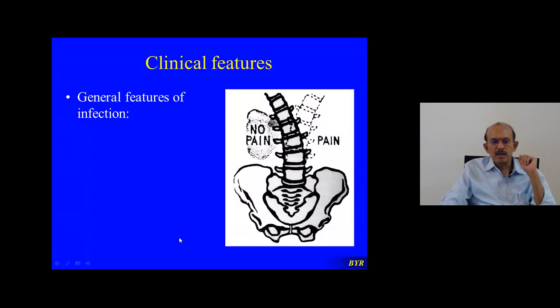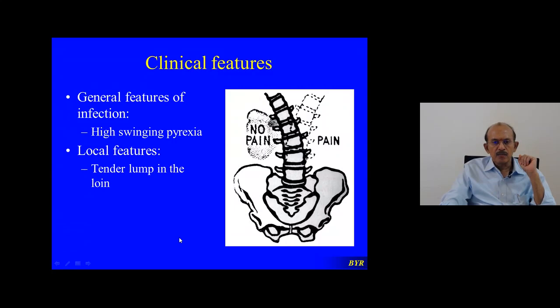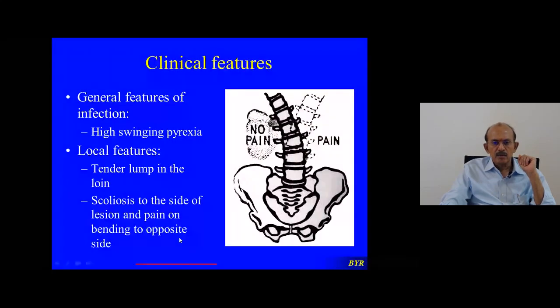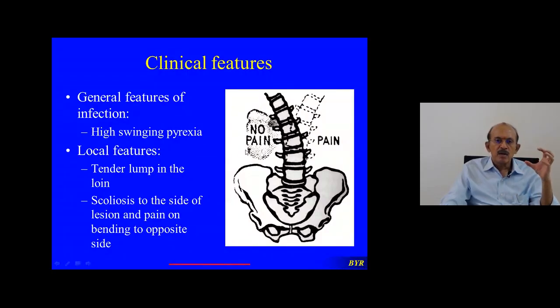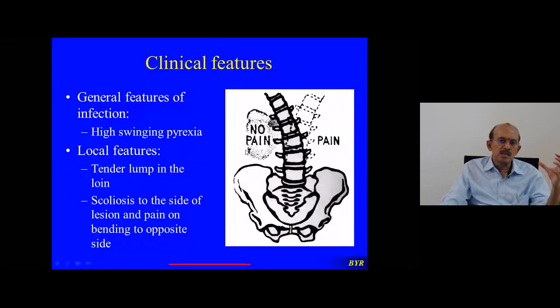Clinical features: there are general features of infection, high swinging pyrexia. Local features: tender lump in the loin, scoliosis to the side of the lesion, and pain on bending to the opposite side. The mass is there, for example, on the right side, right perinephric abscess. So there is pus around the kidney, situated over the quadratus lumborum muscle and psoas major muscle.